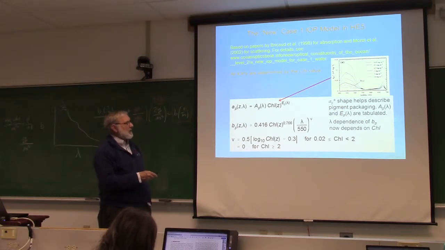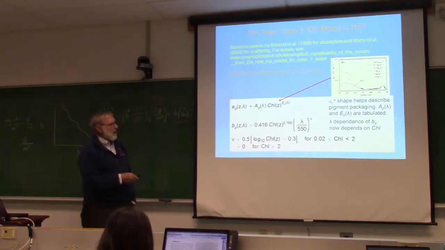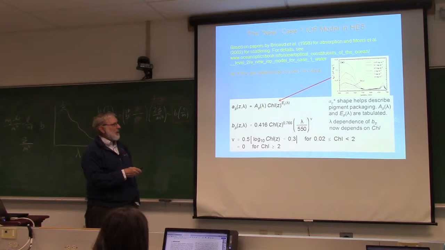So she's actually got a model now where you take the chlorophyll and then she has these wavelength dependent coefficients, A and E, which are tabulated, and then you plug in the chlorophyll and the given wavelength and it will give you a better model. It will fit one of these curves. There's a different curve for each chlorophyll concentration.